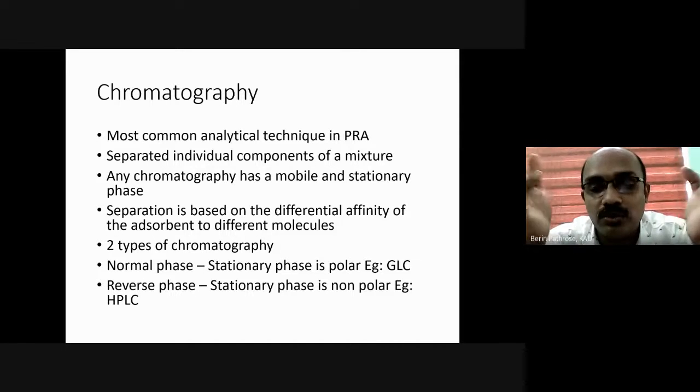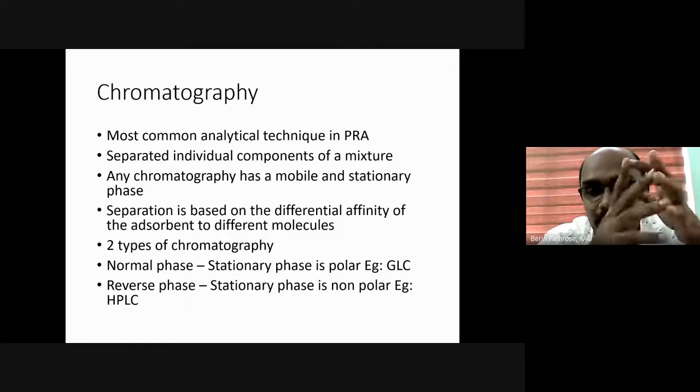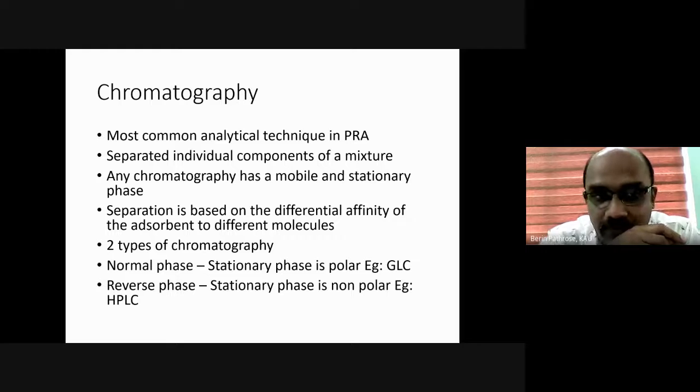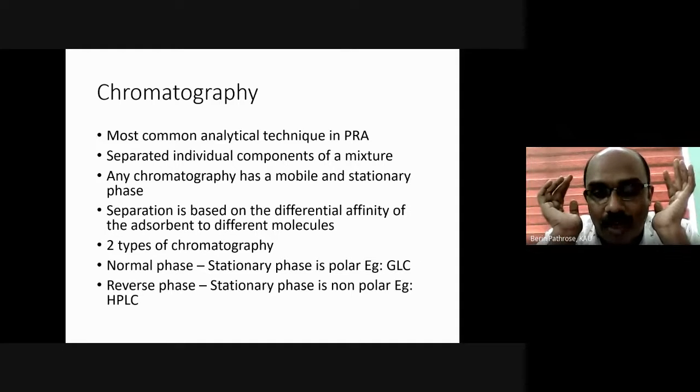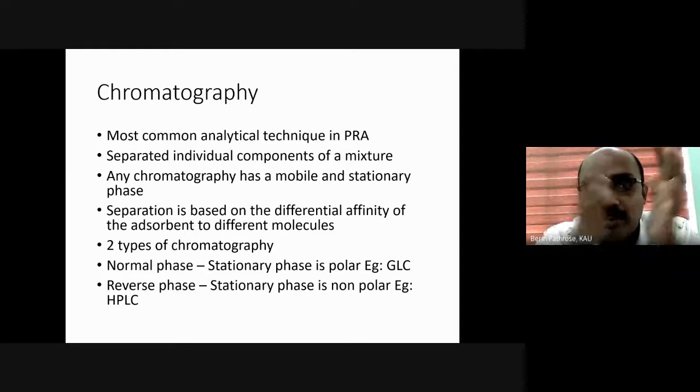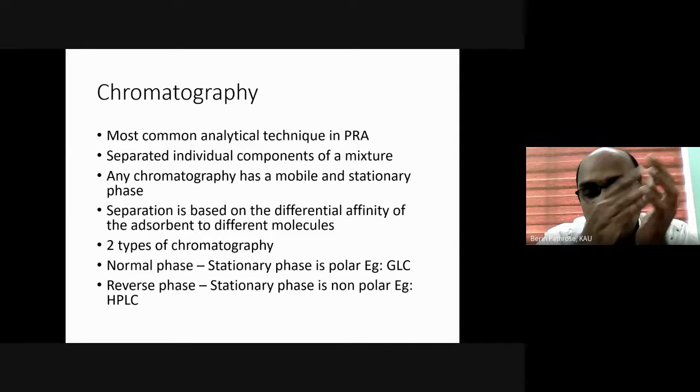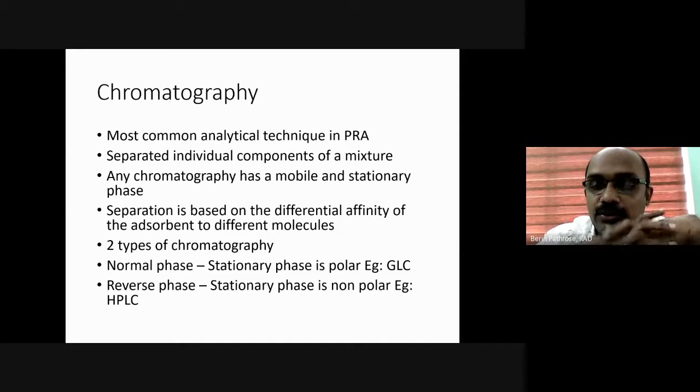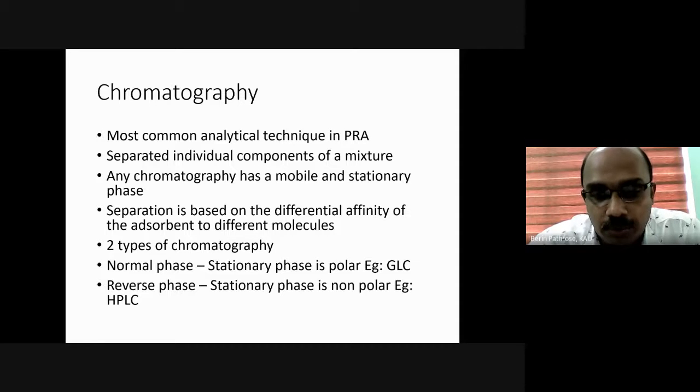Actually it was used for separation of colors. That's why the term chromatography came into existence. So our intention in chromatography is to separate out the components in a mixture. Say, a farmer has used an insecticide mixture, say chlorpyrifos and cypermethrin, one usual combination.